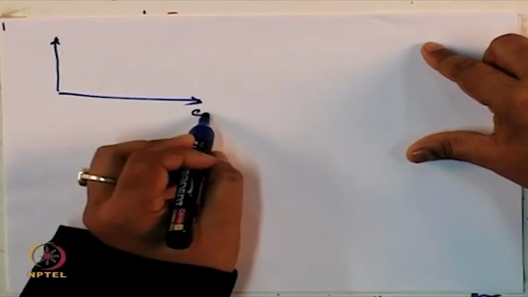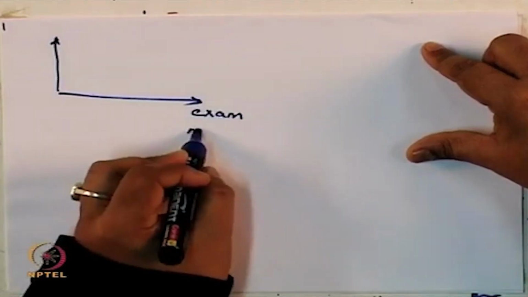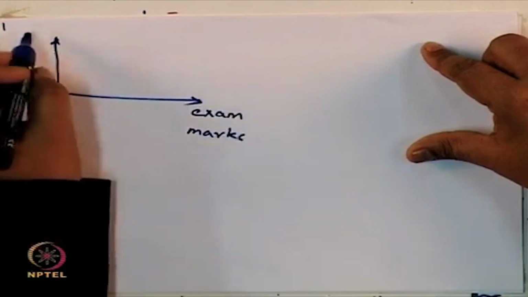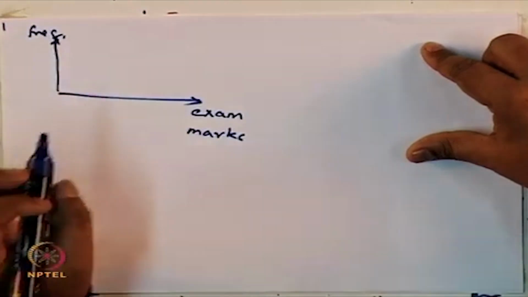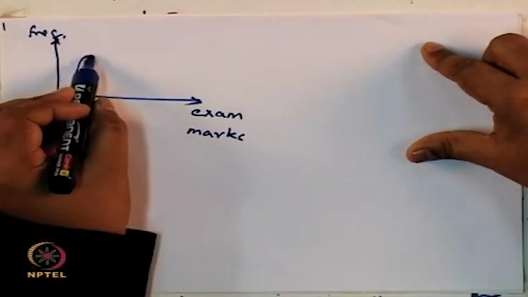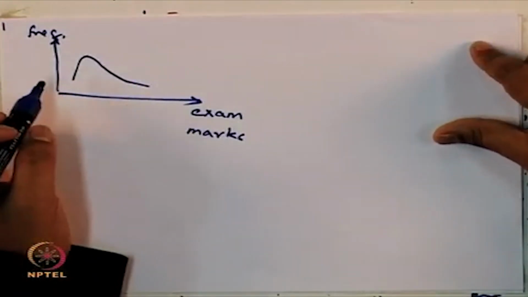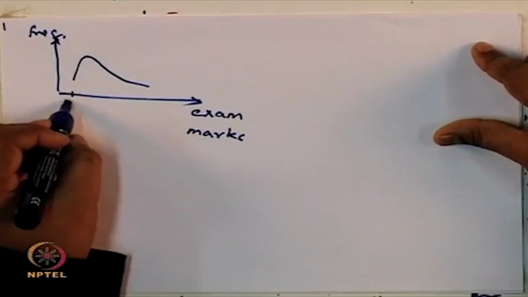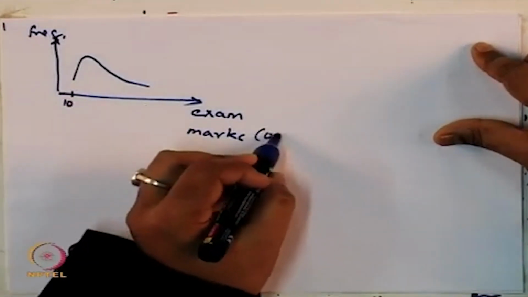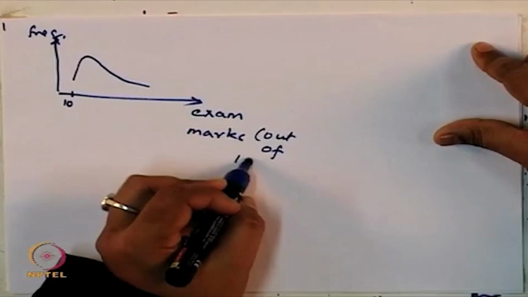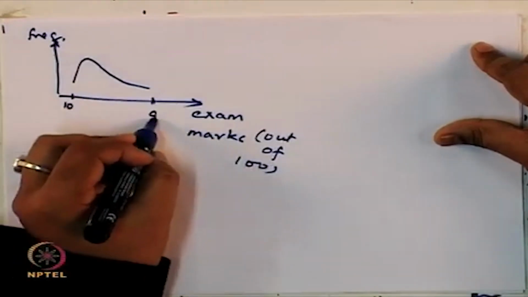So, this is exam marks and this is your frequency. And let us just say this is how your distribution looks like. And let us say this is 10 out of 100 and the maximum is 90.